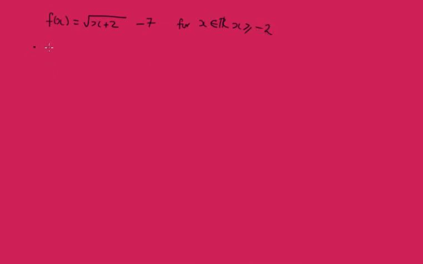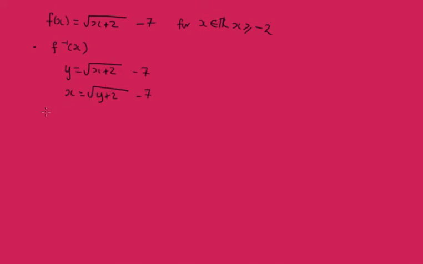So firstly we want to find an expression for the inverse. So step 1 was to rewrite this with y equal to the square root of x plus 2 minus 7. And now we're going to substitute y and x. So now it's going to be x equals the square root of y plus 2 minus 7.